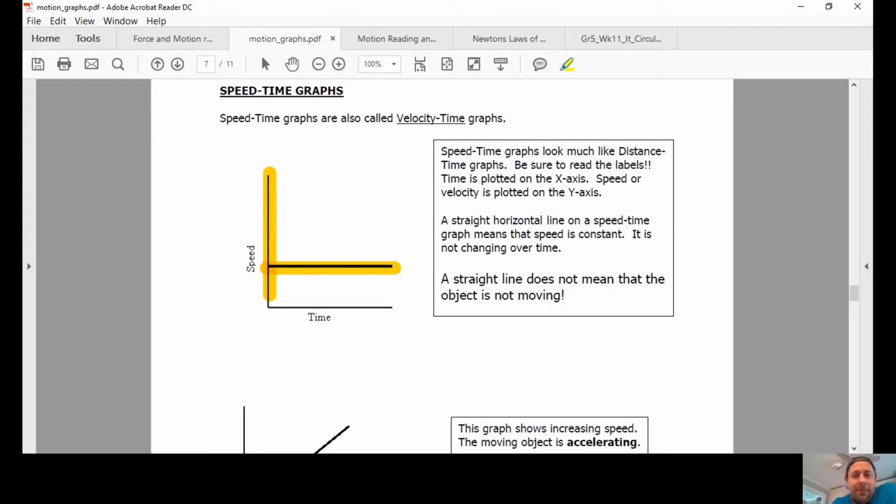We have the same amount of speed, and where this differs from distance, a constant speed with distance is more diagonal. It's more like this. Whereas with speed, it's just a horizontal line. So this is where the game kind of shifts and changes.